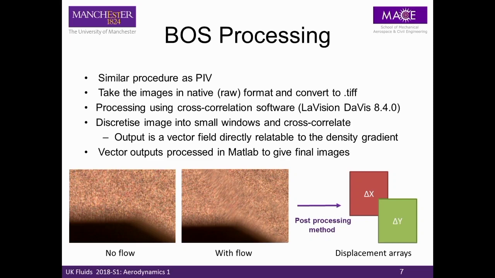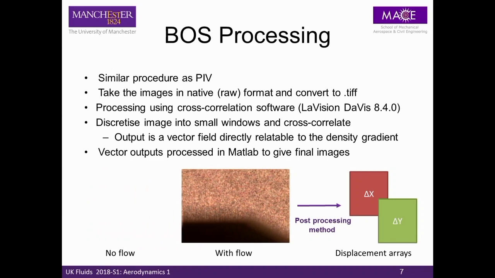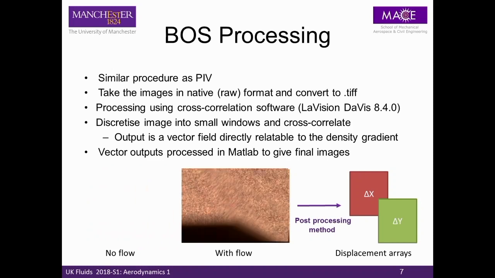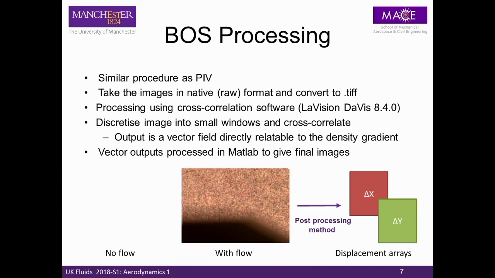In this case, I've used Davis in strain solver mode, just because we're referencing the image sequence to one common background. We discretize this into small windows. We cross-correlate. The output is a vector field. So you're effectively sliding your reference with your flow image, and you get your delta x and your delta y.